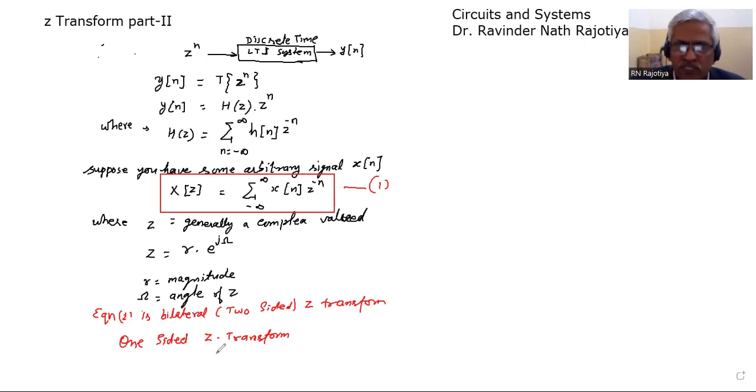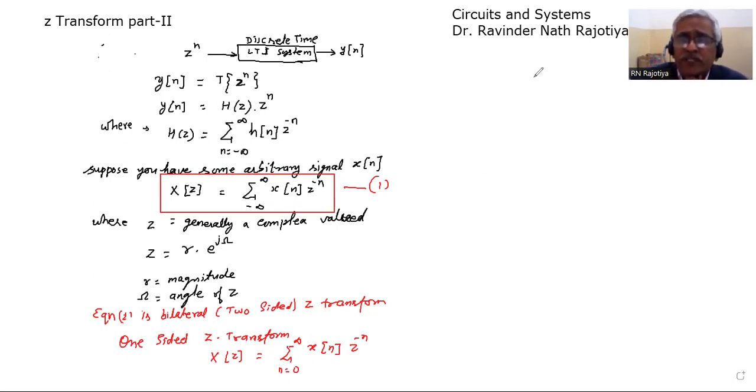So in those cases, I can write x of z is equal to the summation of n equal to 0 to infinity of x of n z power of minus n. And clearly, as you see, the limits are from 0 to infinity. Therefore, this is a one-sided Z transform.